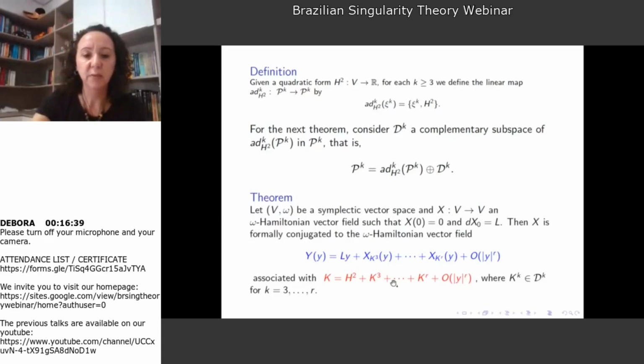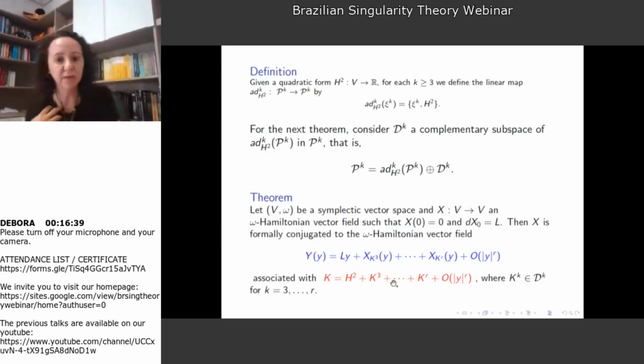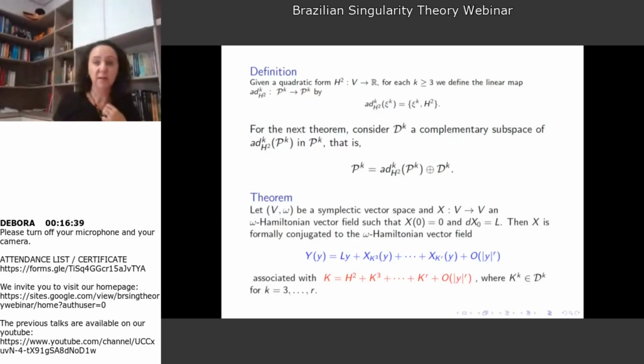This result is not our result. This result we can see in the book of Chow, Li, and Wang, for a canonical symplectic space R2n with omega 0.